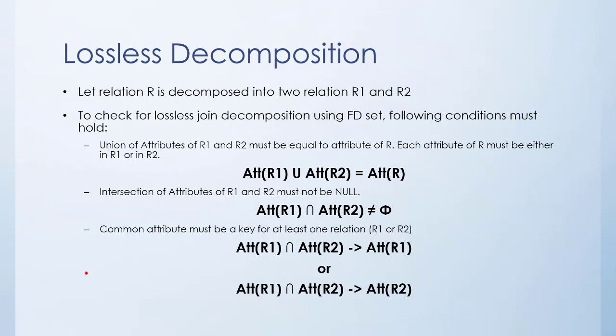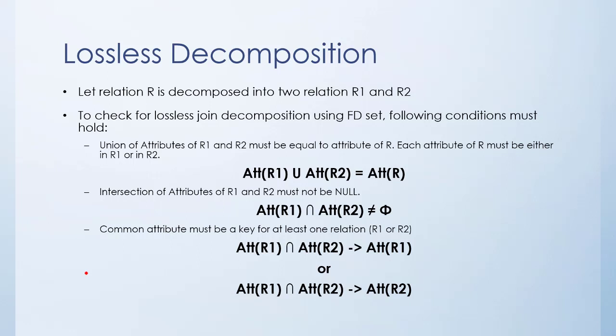The first one is that the union of attributes of R1 and R2 must be equal to the attributes of R. The first condition basically tells you about attribute preservation in decomposition. So each attribute of R must be either in R1 or in R2. So in set form we can say that attribute of R1 union attribute of R2 is equal to attribute of the original relation R.